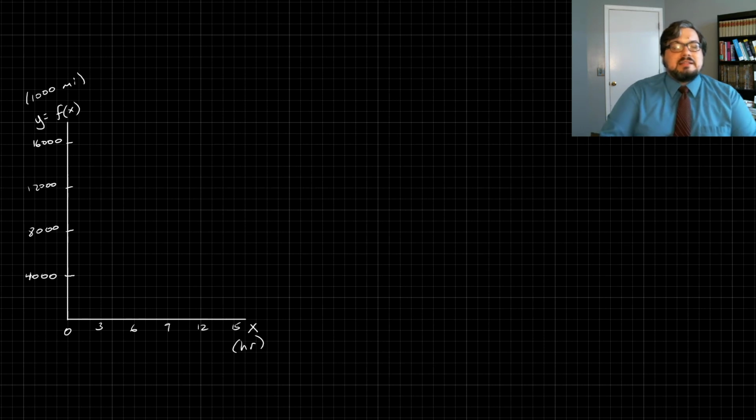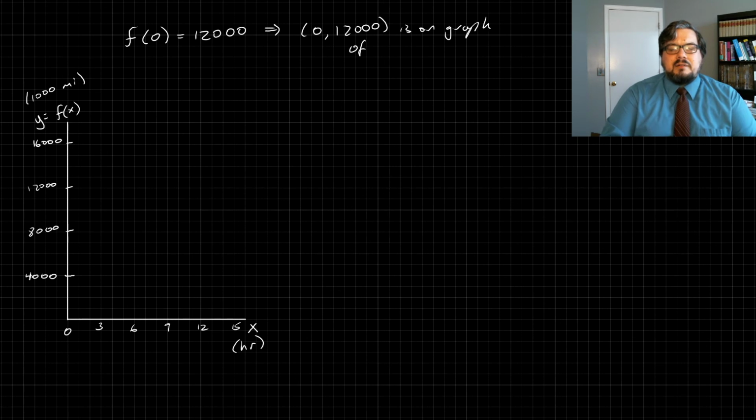So now I can sketch out some points that correspond to the inputs and outputs of my function. What I know from the problem is that f of 0 is 12,000. And that means that the point (0, 12,000) is on the graph of the equation y equals f of x.